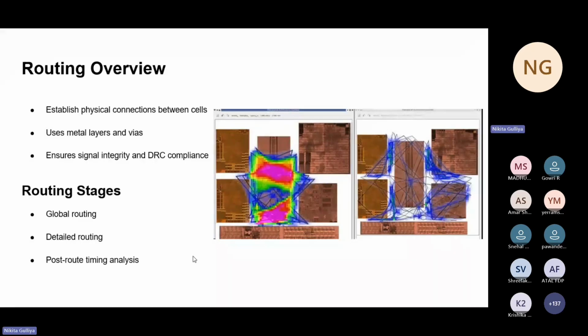Routing is done first as global routing, which plans approximate paths for connection. It is just the planning stage, and then comes the detailed routing, where the exact wire geometries are created. And after routing, post-route timing analysis is performed to verify timing accuracy.